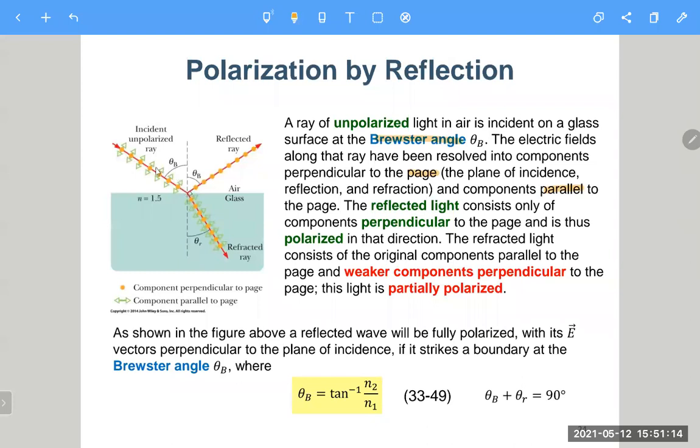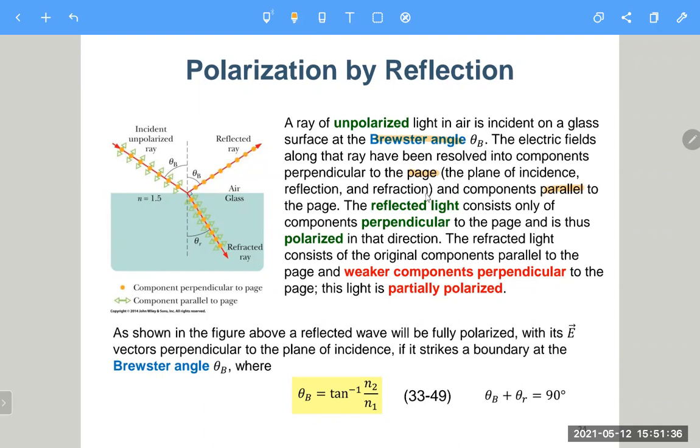If it is incident at this angle, theta B, of course the refracted angle is also theta B, but that doesn't really matter. As long as the incident angle is the Brewster angle, the reflected wave will be polarized.